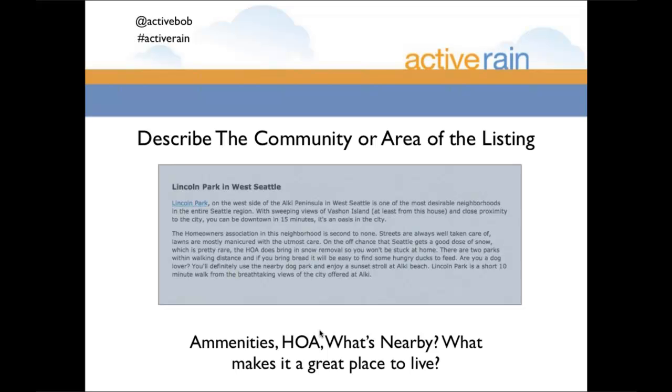And so, this particular listing sits in Lincoln Park, which is a little neighborhood, I guess, or maybe even a subdivision. I wouldn't call it a subdivision, but a neighborhood of West Seattle, which is a community of Seattle. So I'm going to describe for them the area that they would be living in if they bought this condo. Okay, I've described the condo. I've described one of the really great features of the condo. Now I'm going to describe for them the area.